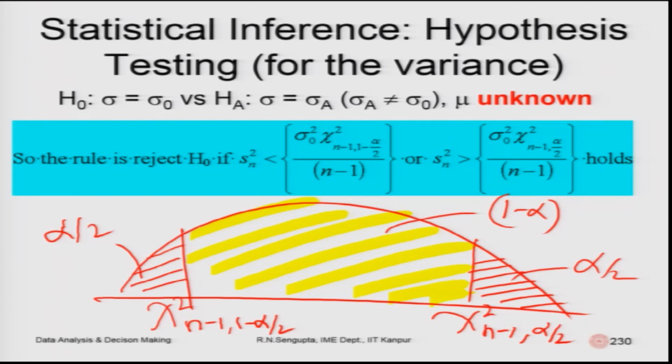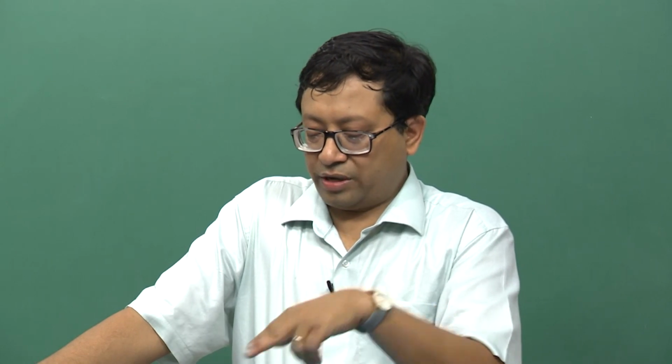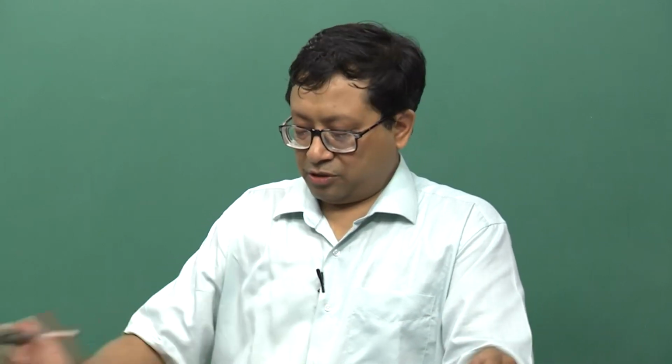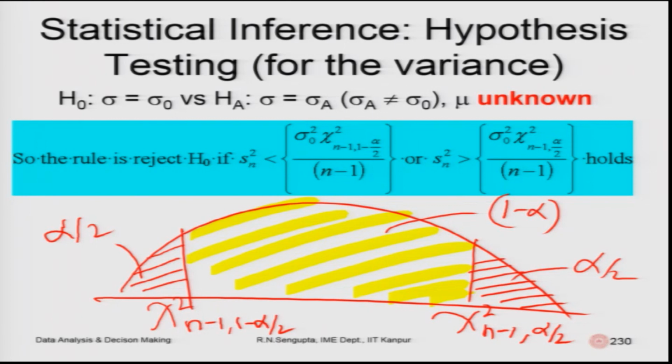So, the first case is less than type, this is sigma square naught chi square n minus 1 obviously, and this is 1 minus alpha by 2 which matches, divided by n minus 1 because you have lost 1 degree of freedom, or the other case is true where s square is greater than sigma square naught chi square n minus 1, alpha by 2, on the right hand side, which is also matching with the nomenclature and as the rule says divided by n minus 1.